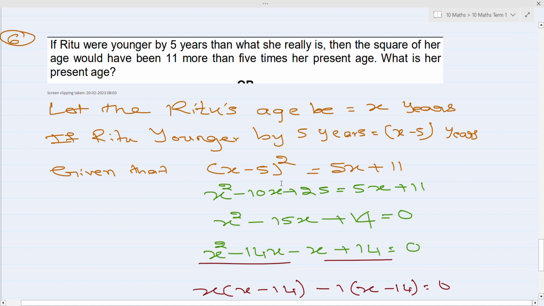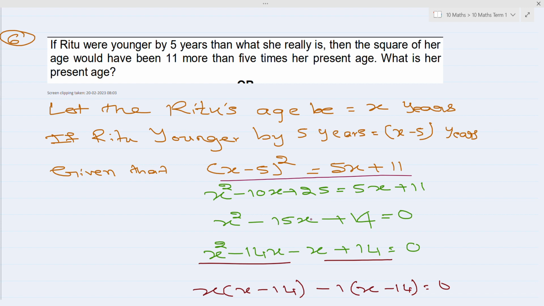So x minus 5 whole square is equal to 5 times the age and 11 more. That's the statement: the square of her age would have been 11 more than 5 times the present age, converted into a mathematical equation.